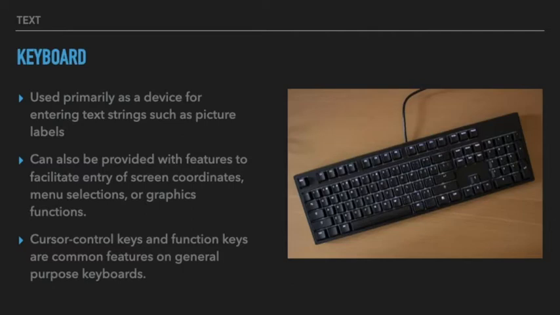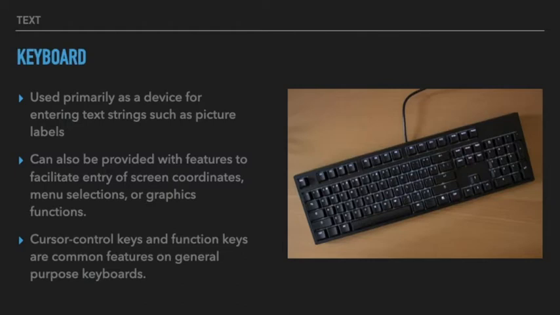The keyboard is an efficient device for inputting such non-graphic data, like picture labels, as I said. And the keyboards can also be used to facilitate entry for screen coordinates, menu selections, or graphics functions.